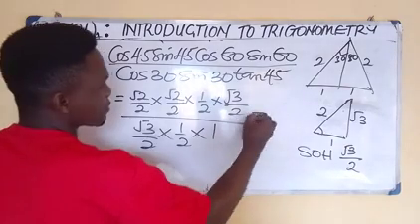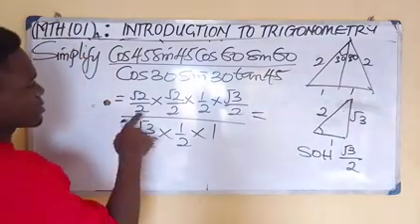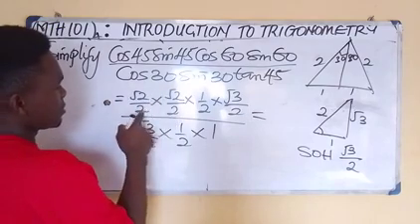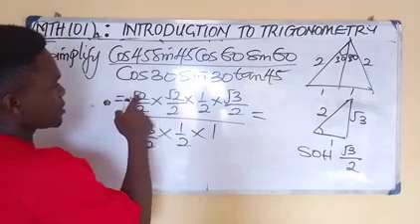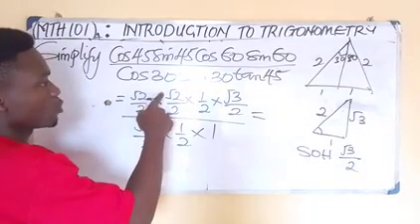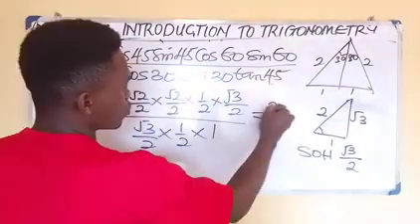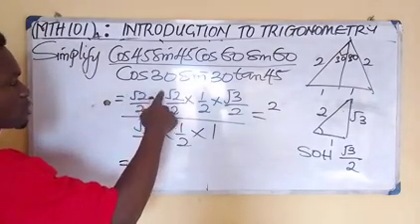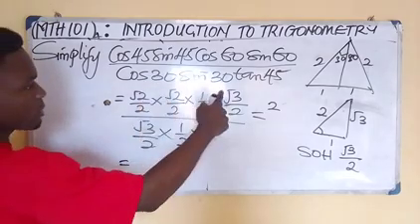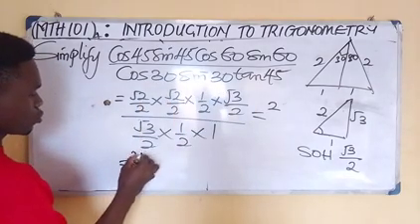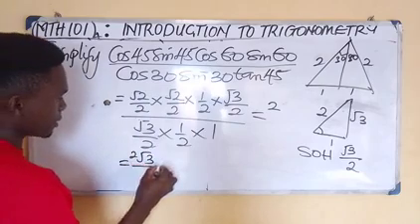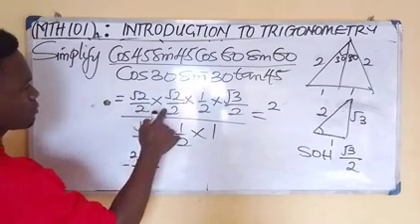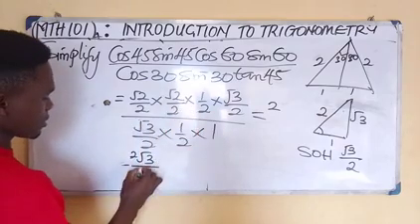So what happens? This times this is 4, right? So this times this is root 4. The square root of 4 is what? 2. So 2 times root 3 is what? 2 root 3 over 2 times 2, 4 times 2, 8 times 2, 16.